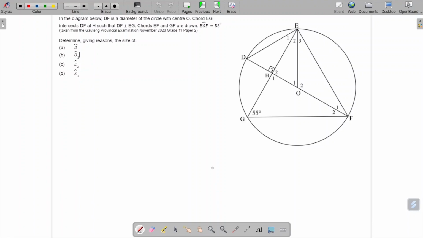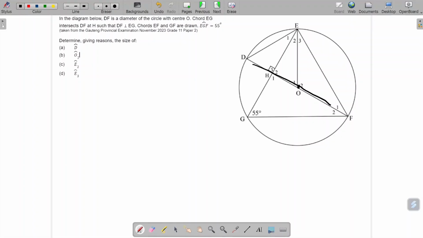Yes, it does, because if there is the circle center O over there, DF is a line that is traveling through the circle center, and so it makes sense to me that it is a diameter. This is important because there are certain theorems that require that knowledge, such as the angle in a semicircle is 90 degrees. Chord EG intersects DF at H.